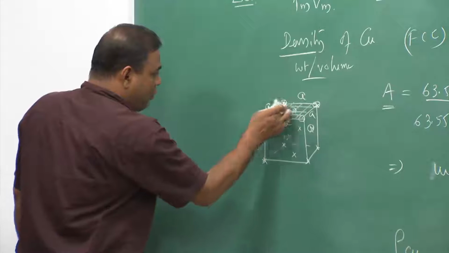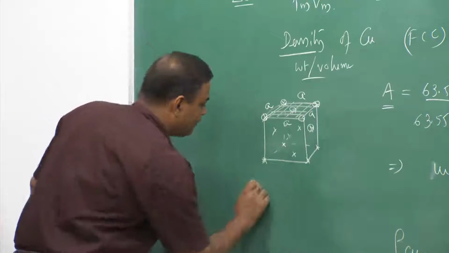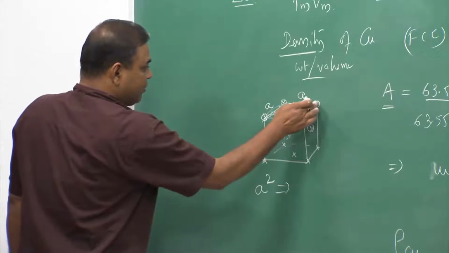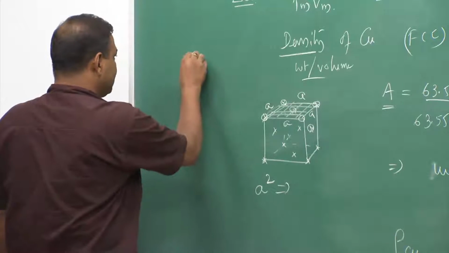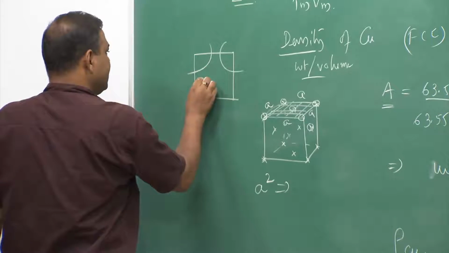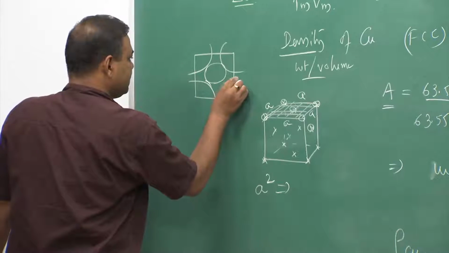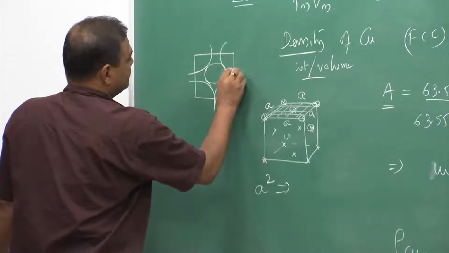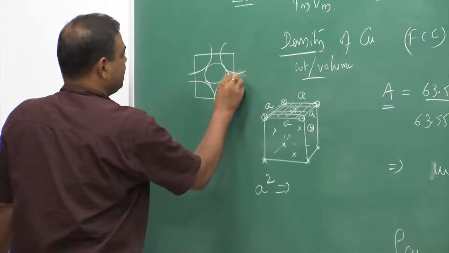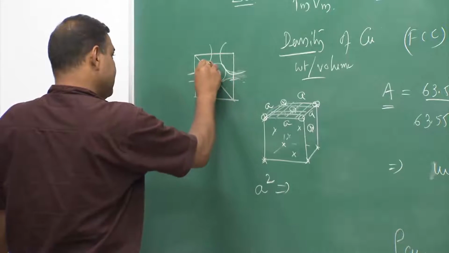Now, over the area of a square, how many atoms do we have? So, on the plane surface, this is another atom. Mind it, these atoms are not joined, only these 3 are joined.